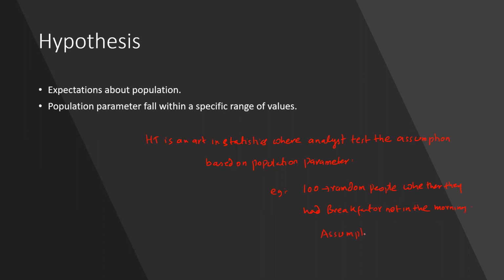We guessed and assumed that 50% of the people had breakfast. So you made an assumption, maybe like 50% of the people had breakfast. Based on this assumption, we will do hypothesis testing and see whether this is actually true or not.